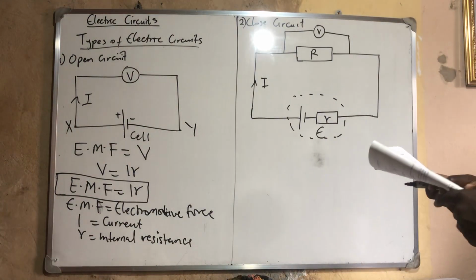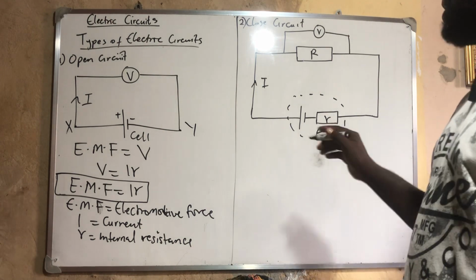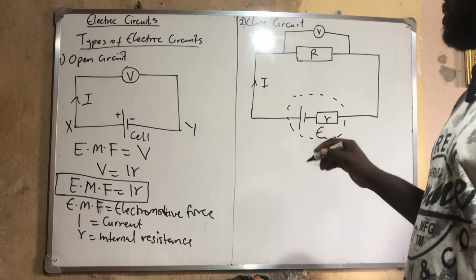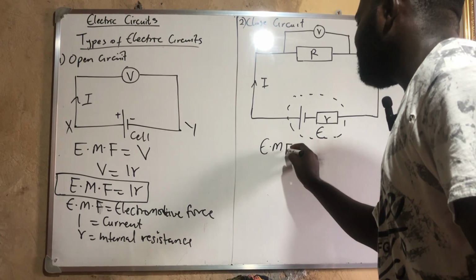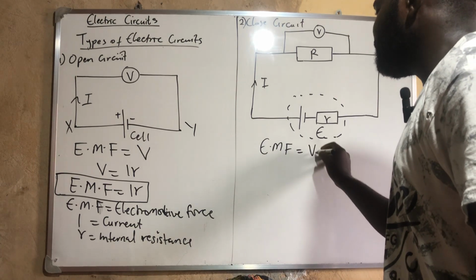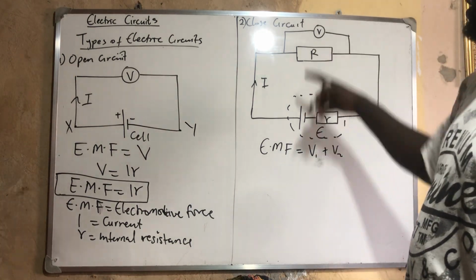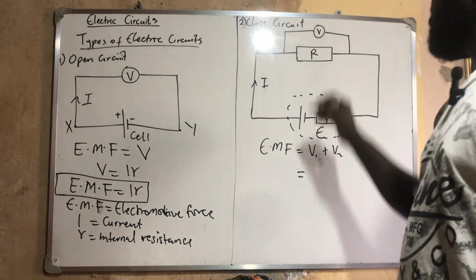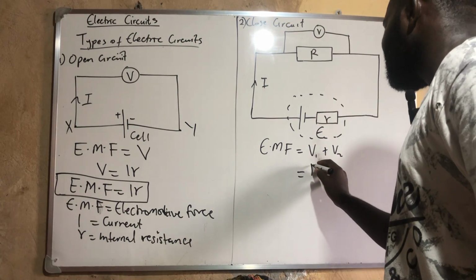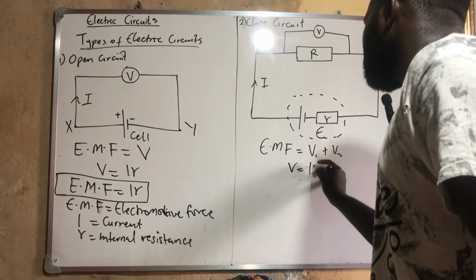Now, in a closed circuit, we have two resistors acting here. So the EMF here is equal to, let me call it V1 plus V2, the volt here and another volt here. The volt here is V equal to IR.